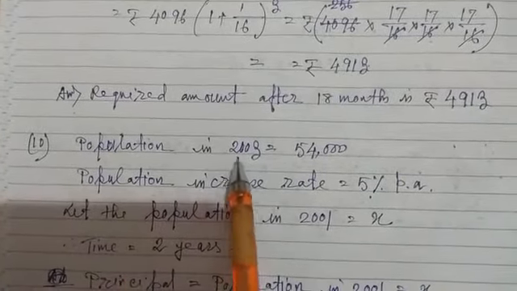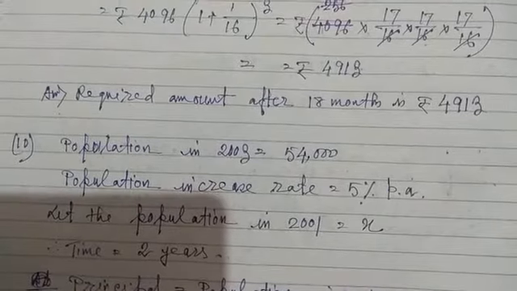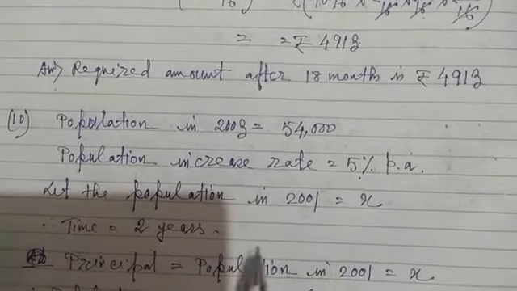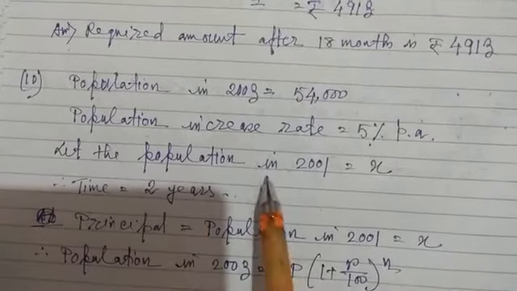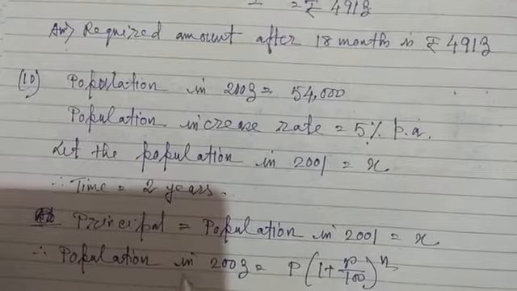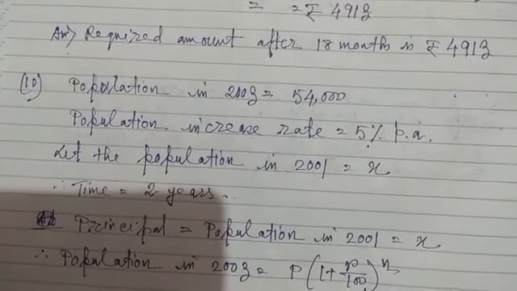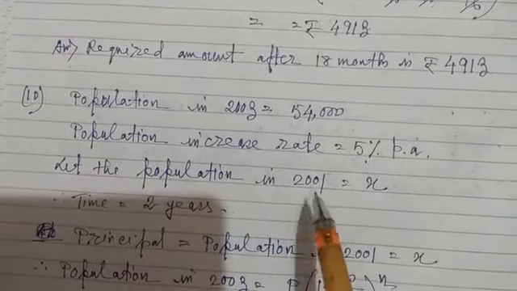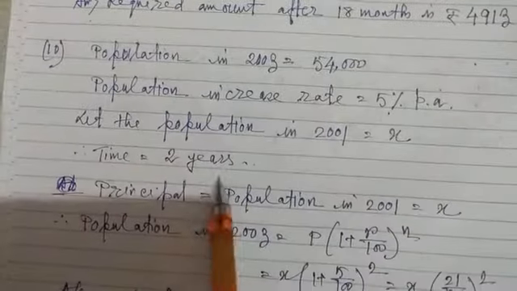Next, question number 10. Population of a town in 2003 is 54,000 and population increase rate equal to 5% per annum. So find the population in 2001. So let the population of the town in 2001 be X. The difference between 2003 and 2001 is 2 years, so time equal to 2 years.